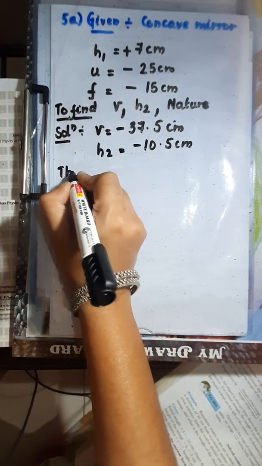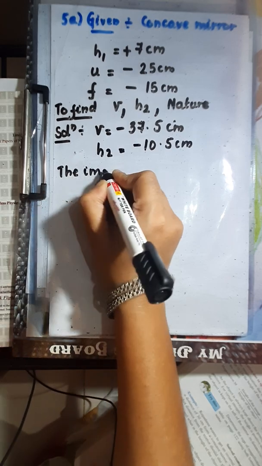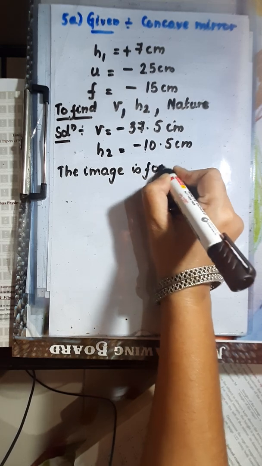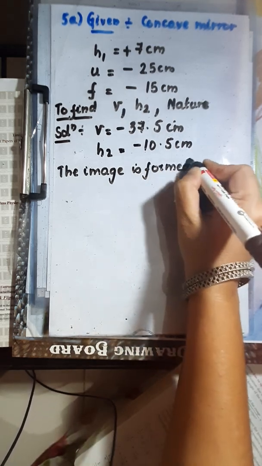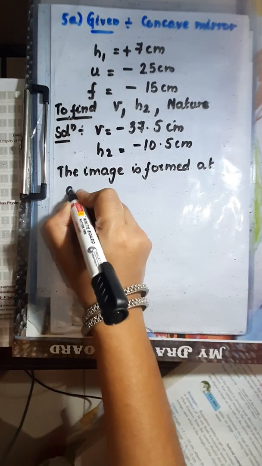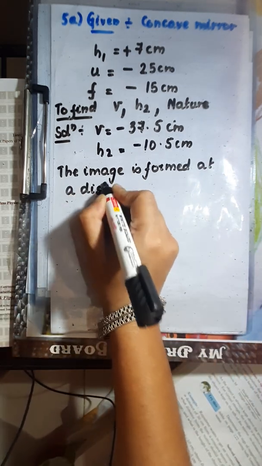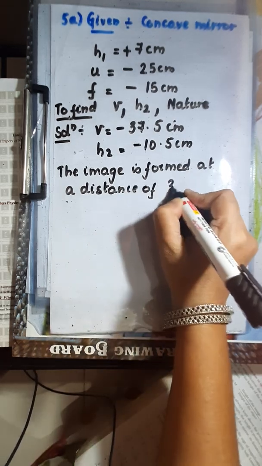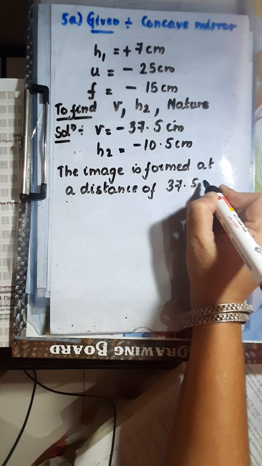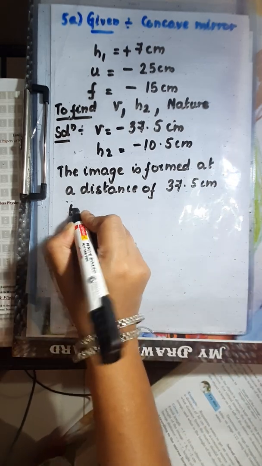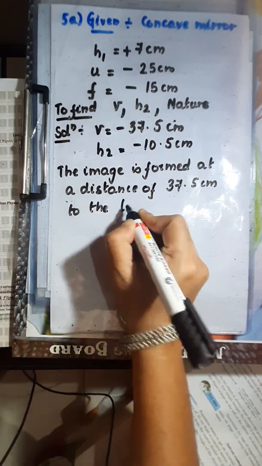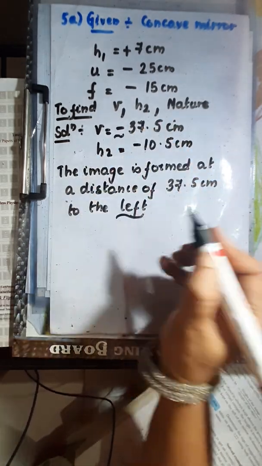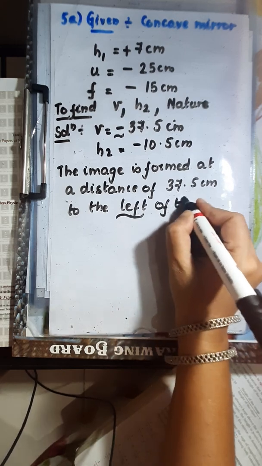The image is formed at a distance of 37.5 centimeter to the left of the mirror. So this minus has got converted to left of the mirror.